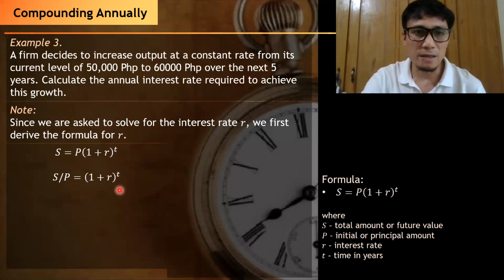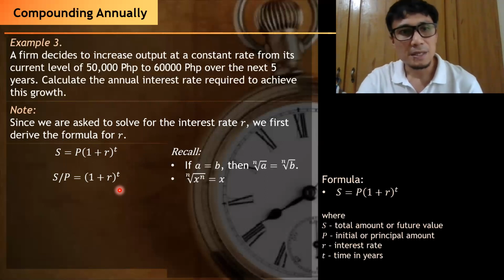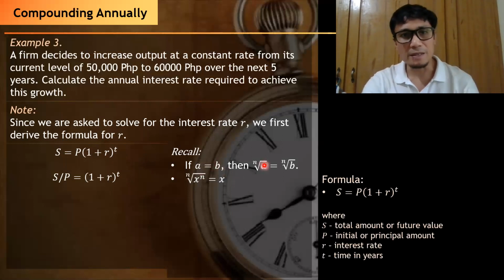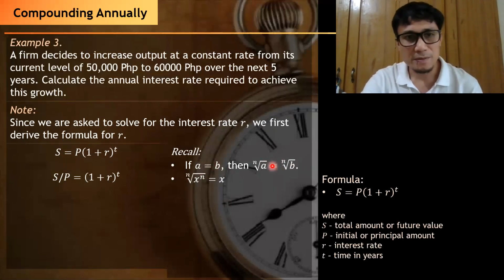Now, removing T from the expression is not easy, but we can recall from our algebra that if you have two numbers which are equal, then their nth root is actually equal. And also, the nth root of x to the n is equal to x.